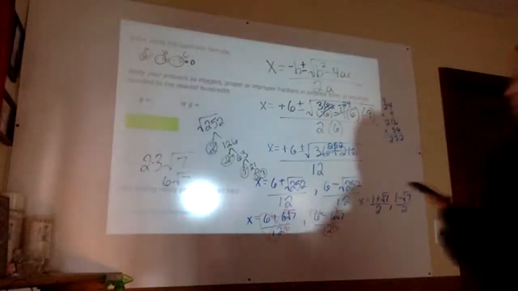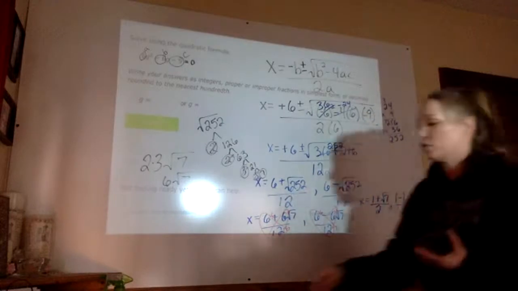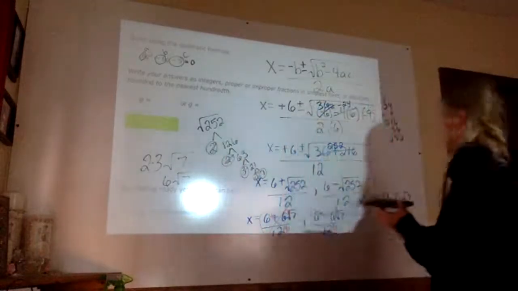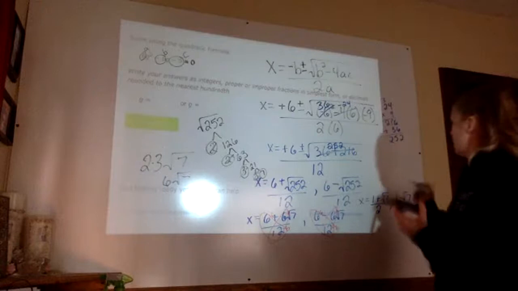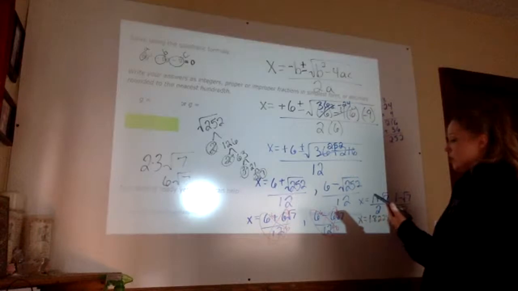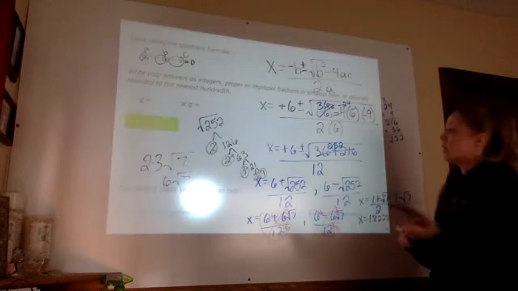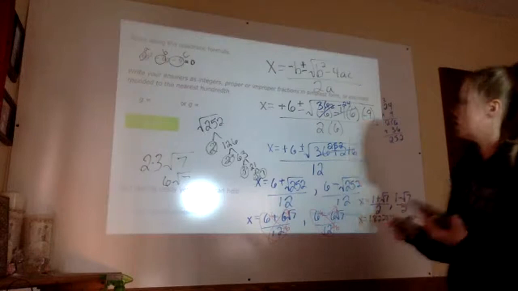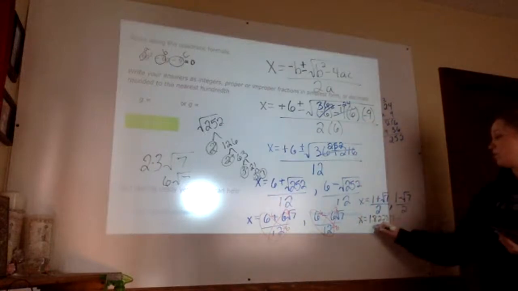But we want the decimal in order to type that into IXL. So then this answer for the first one is going to be 1.822875, and so on. It says to round to the nearest hundredth. Your first decimal place is your tenths. Your second one is your hundredths.